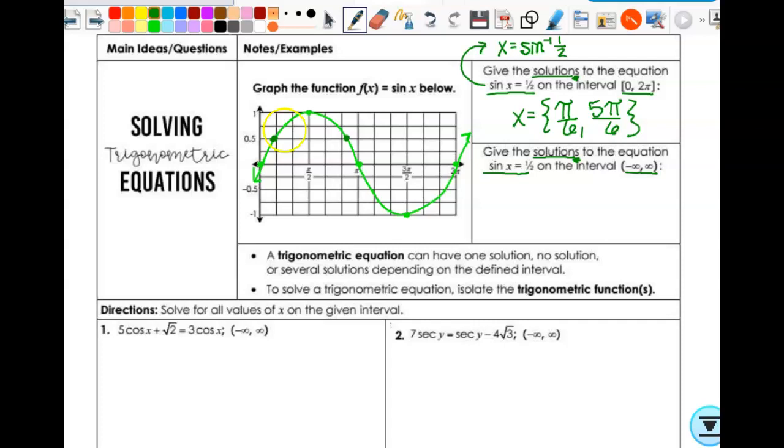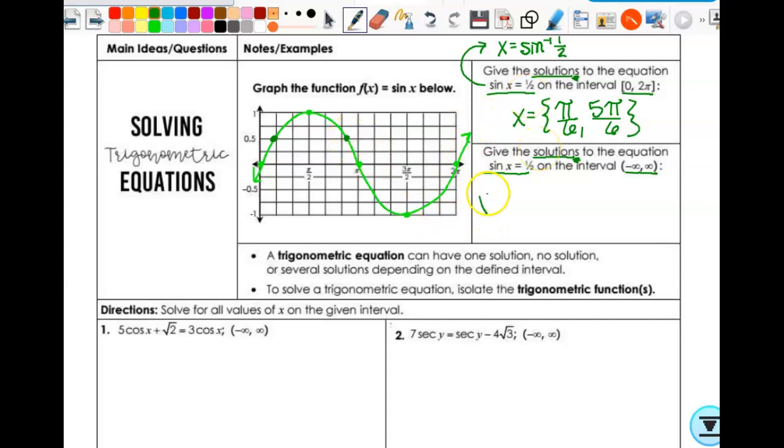If this keeps going, how many times is it going to hit 1/2? An infinite amount of times, right? So I clearly can't list them all out. But the next time it looks like this is over here, and that's 2 pi away. Since my period is 2 pi, if it happens now, it's going to happen 2 pi later. If it happens here, it's going to happen 2 pi later, right?